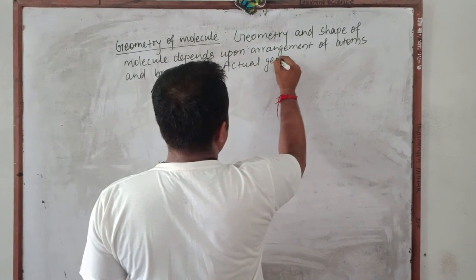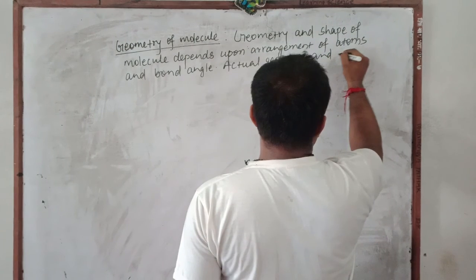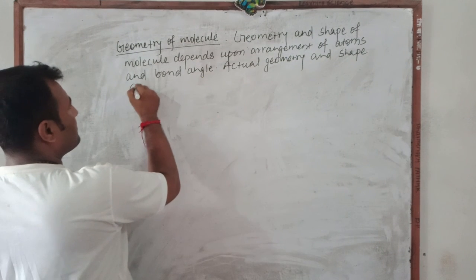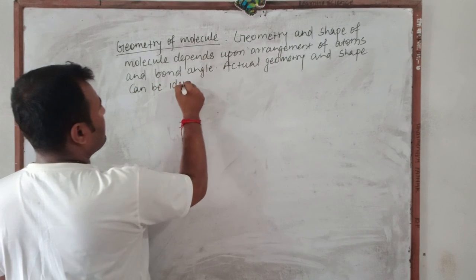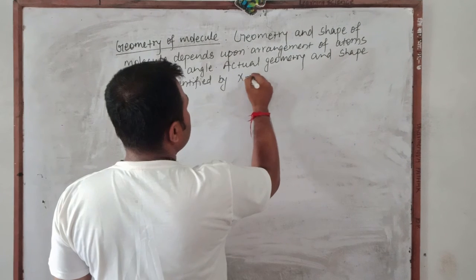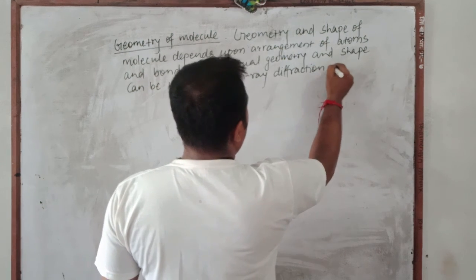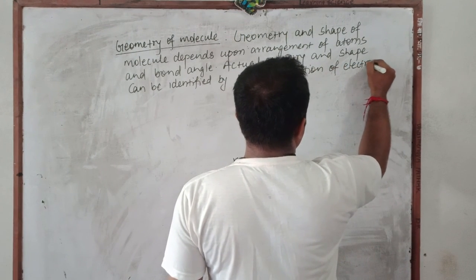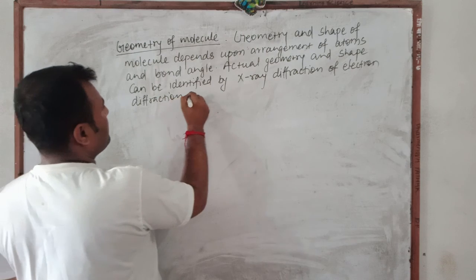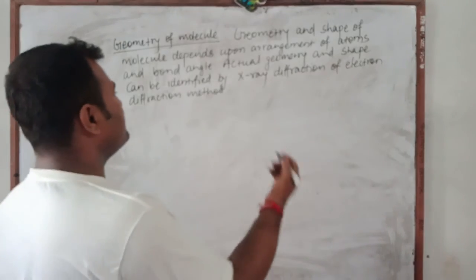The actual geometry and shape can be identified or found out by X-ray diffraction or electron diffraction methods, and theoretically it can be calculated by various theories.